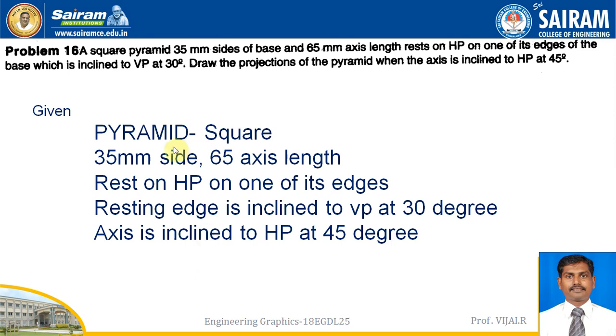Take the data as I said: pyramid shape is square, size is 35, 65, resting on HP on one of its edges, inclined to VP at 30 degree, and draw the projection of the pyramid when the axis is inclined to HP at 45.